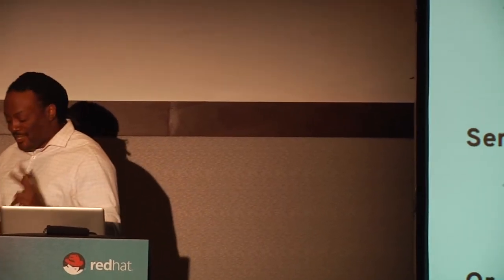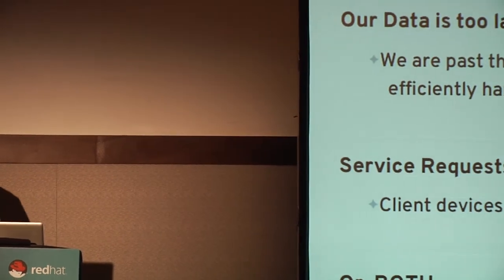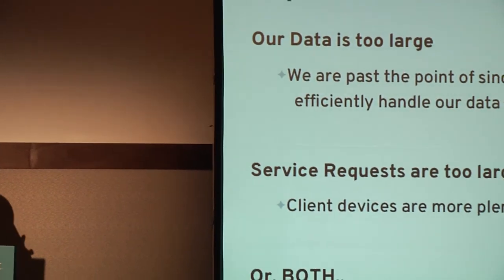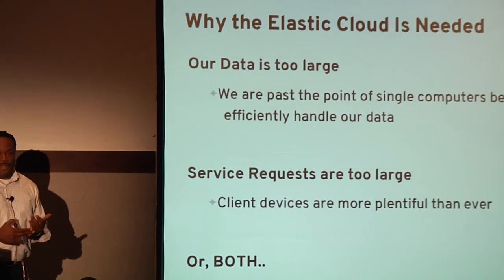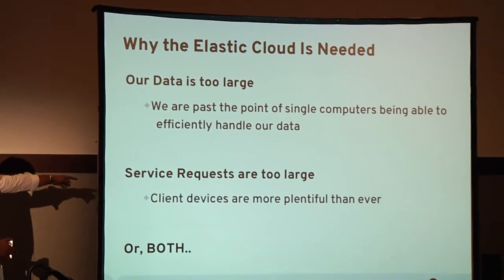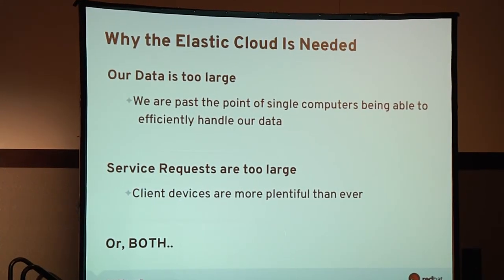So why is the elastic cloud needed? There are two reasons. Our data is too large. The amount of data that we're processing, the amount of requests that we're getting, it's too much for one computer or one small cluster of computers to handle. You need scale-out architecture to handle the flow of big data and large numbers.